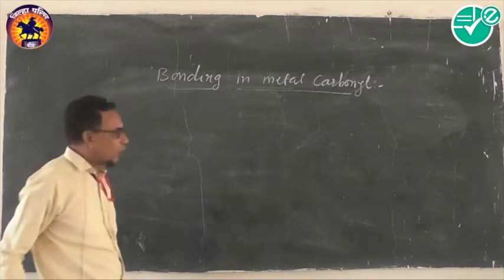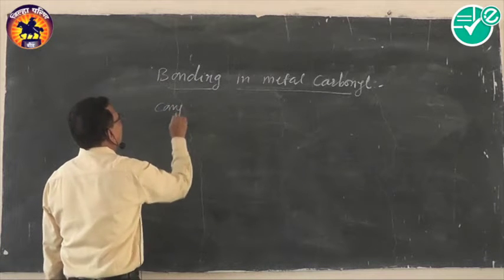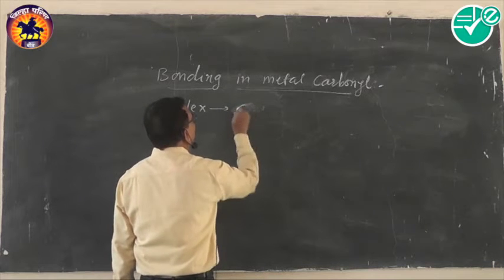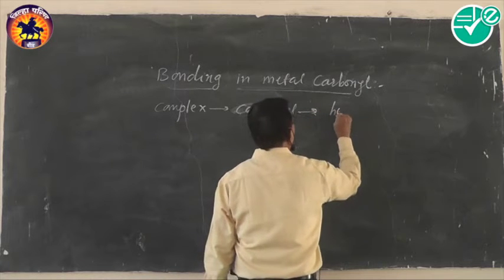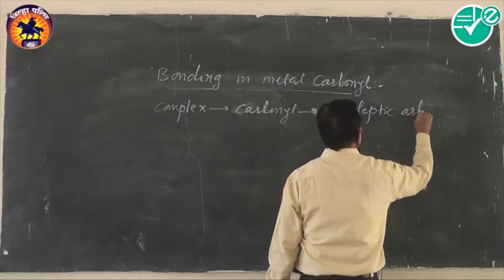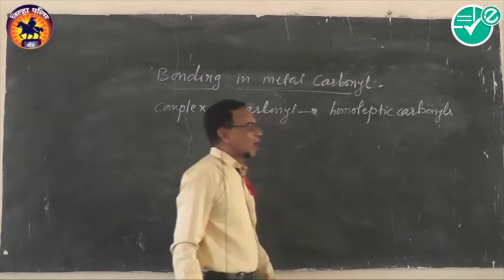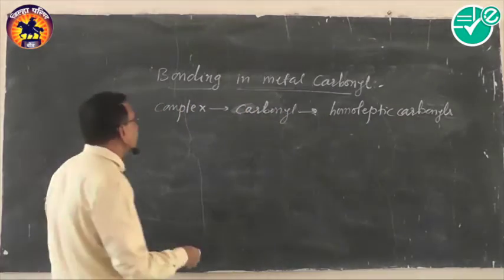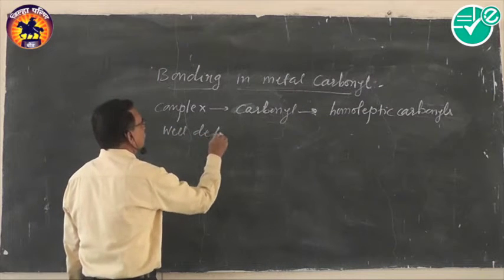These metal carbonyls, or homoleptic carbonyls, have well-defined structures or geometries.